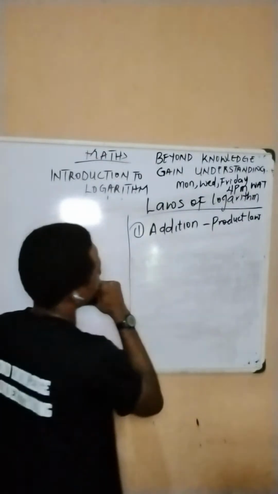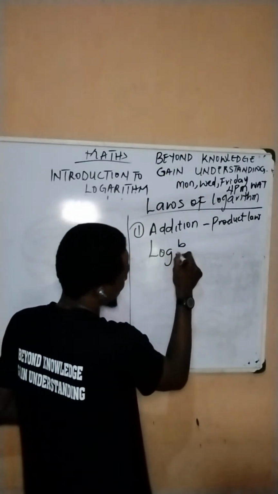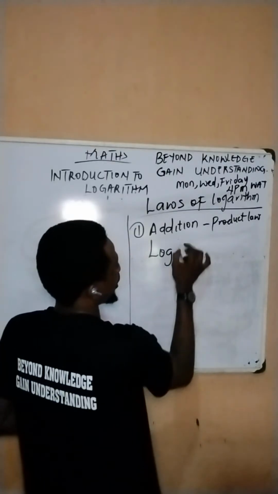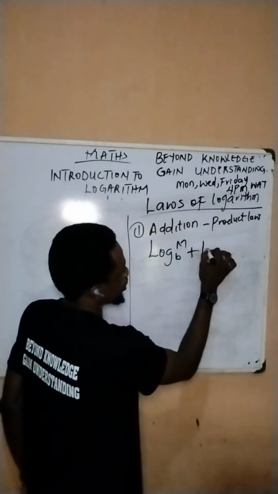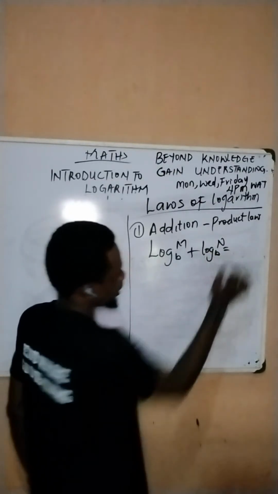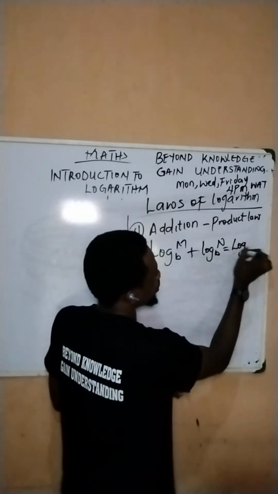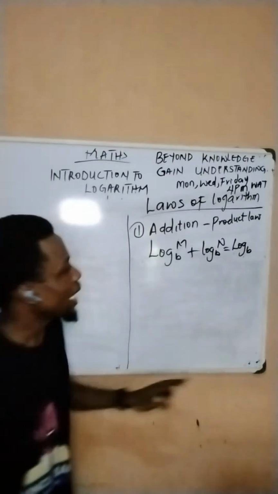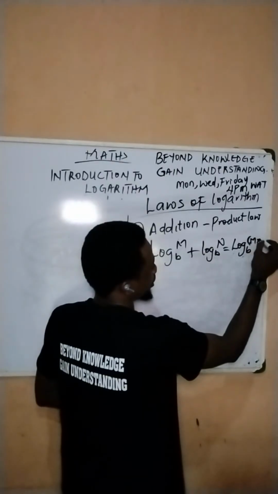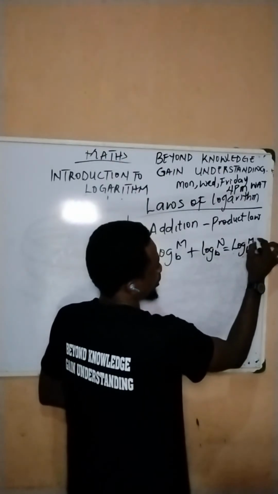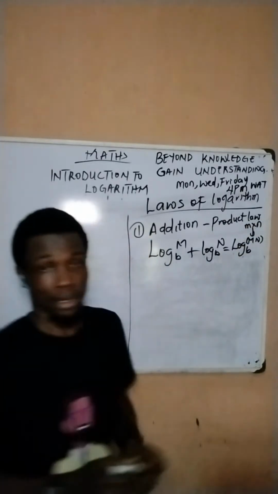So if we get on to it now, it's something of this sort. If you have log m base b added to log n base b, it is equal to, take one of the base, which is b, and then open a bracket, multiply their logs, mn. This simply means m times n. Yes.